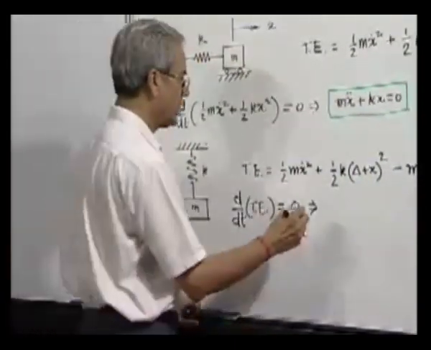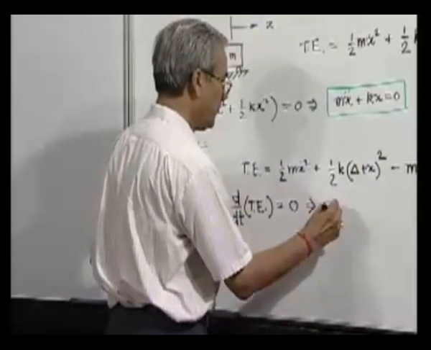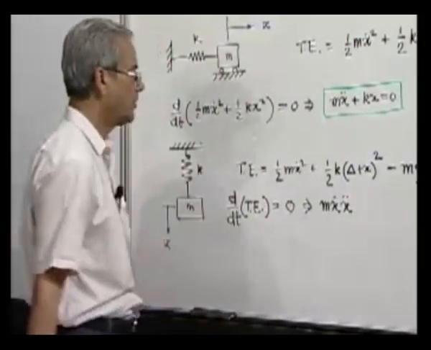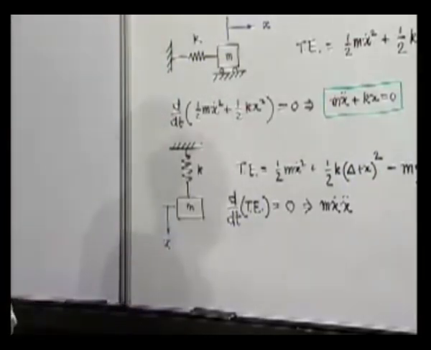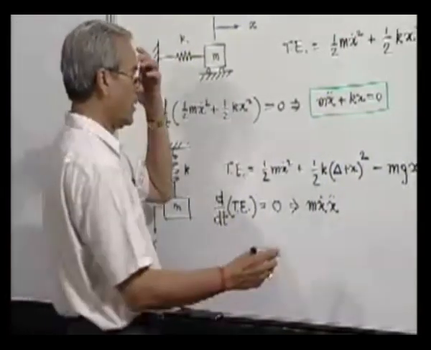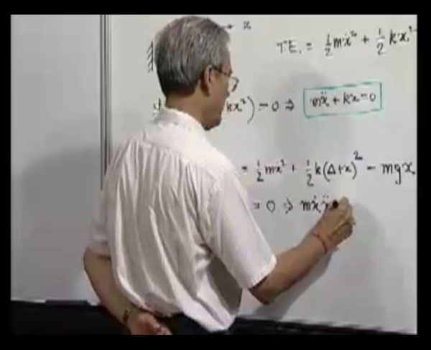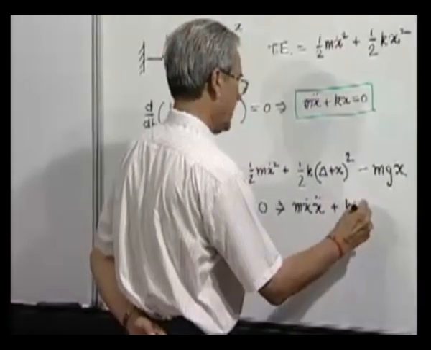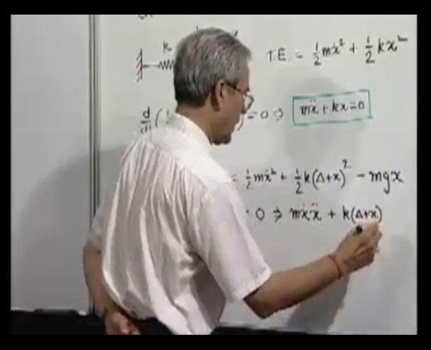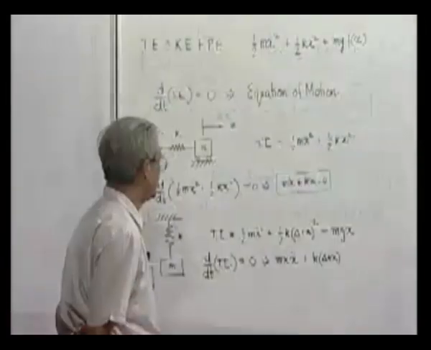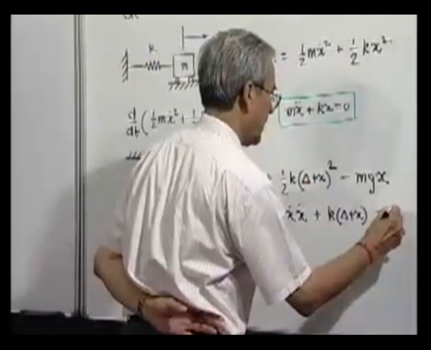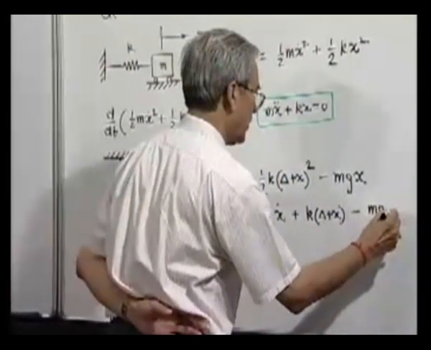Differentiate this with respect to time, it will be m x dot x double dot plus k into delta plus x minus m g equal to 0.